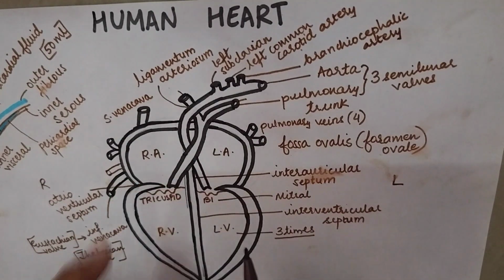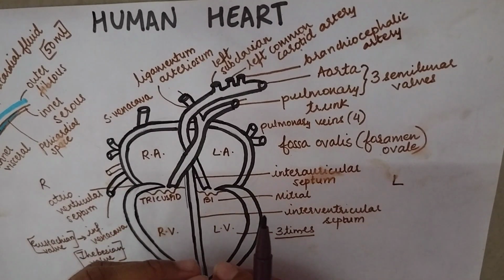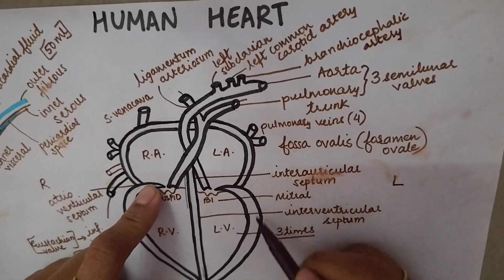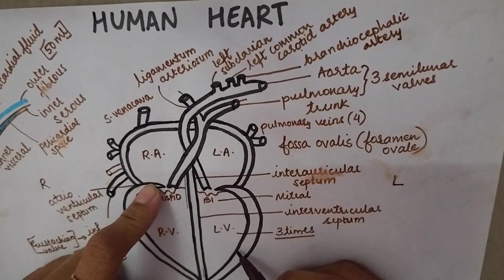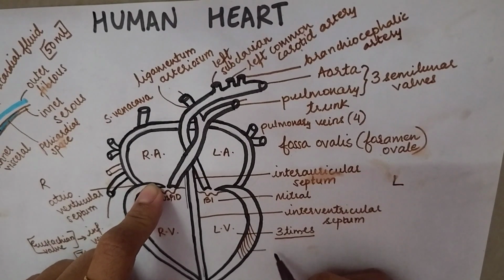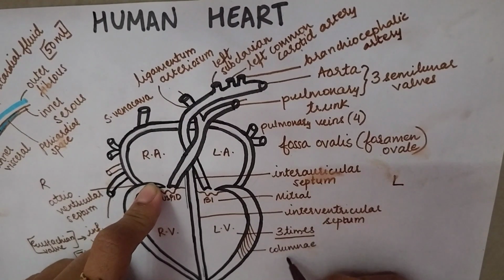Okay. Now here in the ventricle, there are a few more structures which are left to be understood. In the wall of the ventricle, you have ridges which are present. The ridges present in the ventricular wall are called columnae carneae.